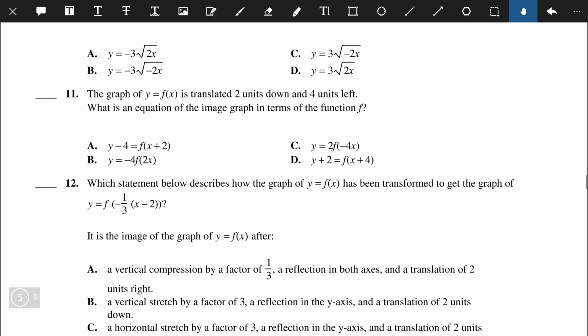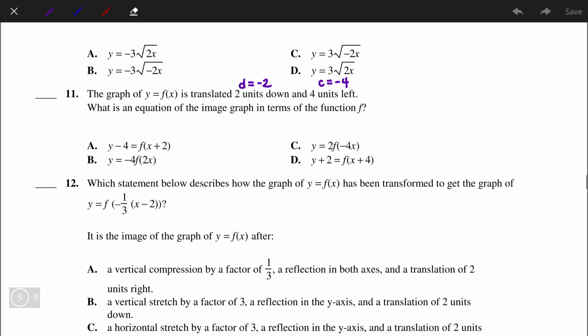So going back to translations only, in this case we have a d value of negative 2 and a c value of negative 4, which means that the correct choice was D. Right, so we'll get y equals f of x plus 4 and then minus 2, which is the same as y plus 2 equals f of x plus 4. So the choice is D.